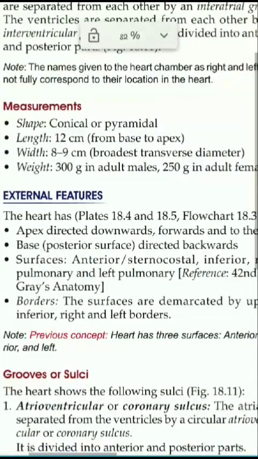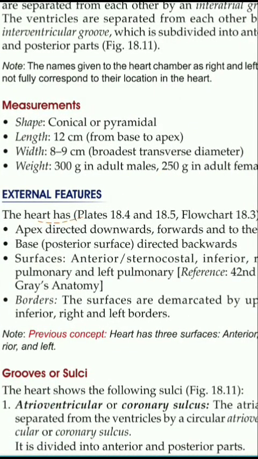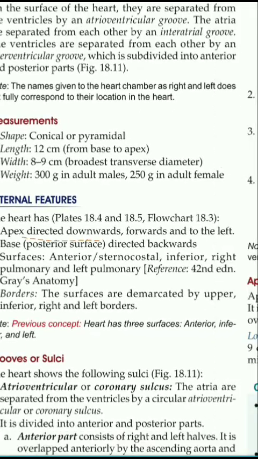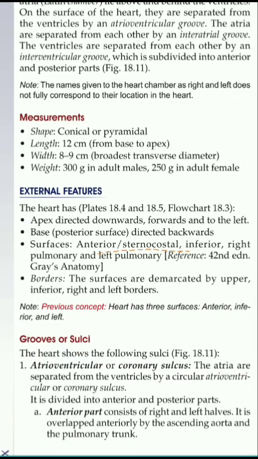If we see the external features, the apex is directed downwards, forwards and to the left. The base is directed backwards. The surfaces are anterior or sternocostal, inferior, right pulmonary, and left pulmonary.